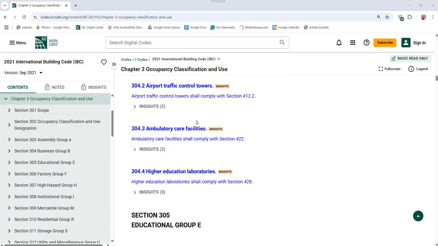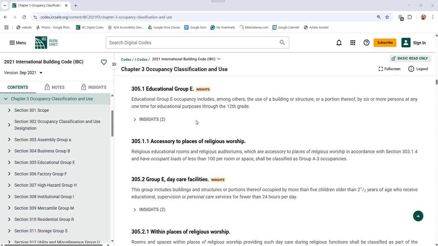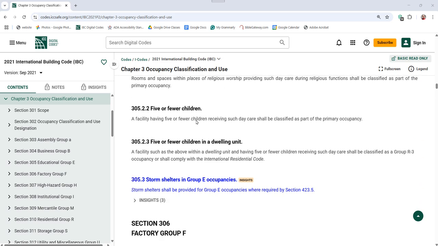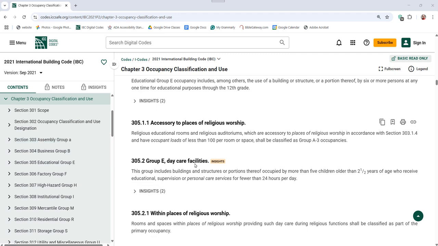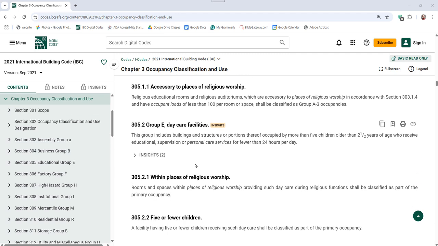Going on down, we look at educational, and we see here that we have different situations depending on how many children there are. We would have to know what we're using this for.